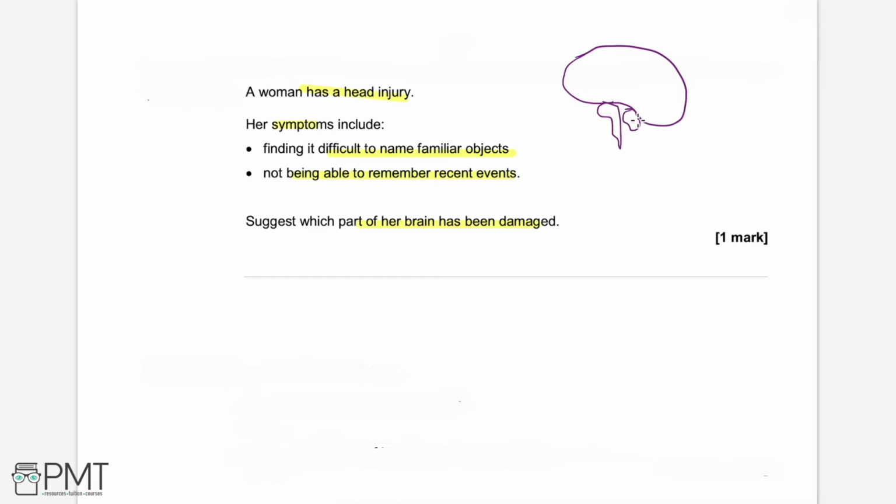Let's think about the structure of the brain. Well, the largest part of the brain, the outer part, is known as the cerebrum. Now, the outer layers of this are known as the cerebral cortex, and this deals with memory, intelligence, and language, and other things like this.